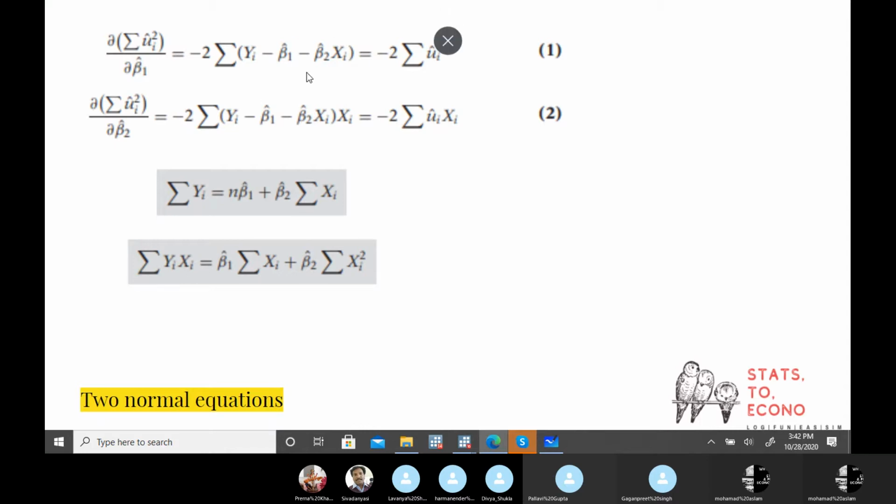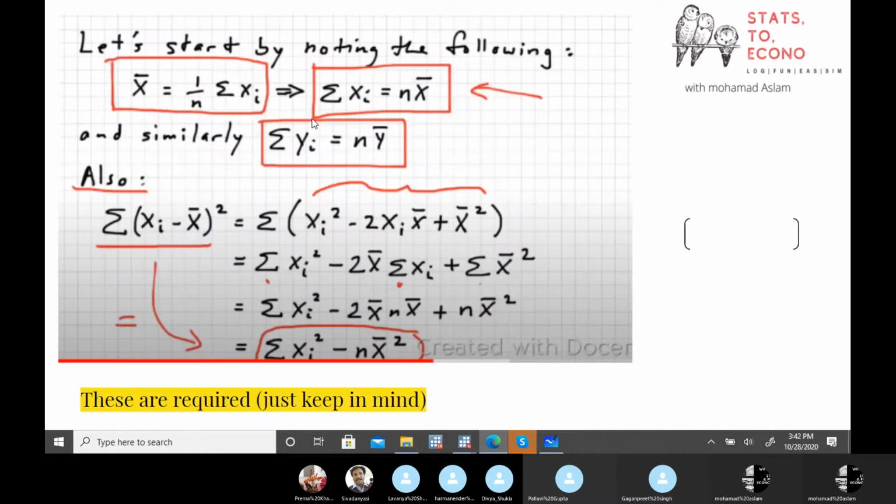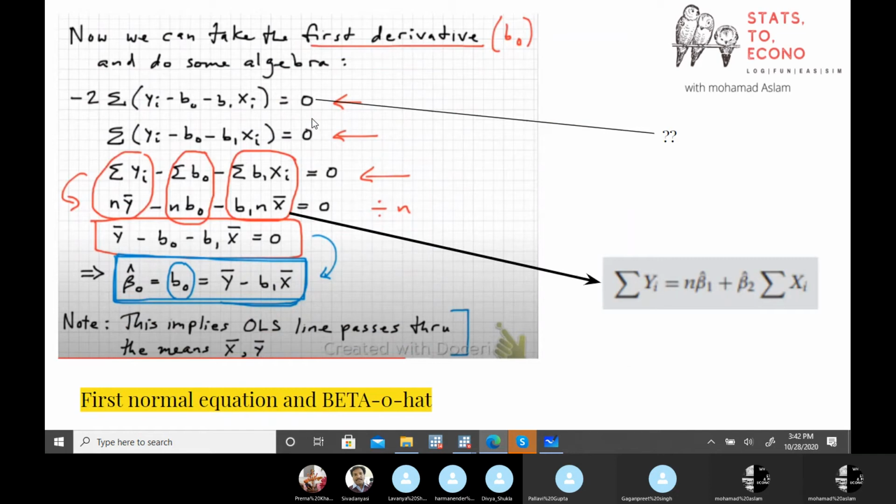This comes from these two equations when we put them equal to 0 and open the summation. So let's first open the summation so that you can understand how these equations look. Now start with the first equation.